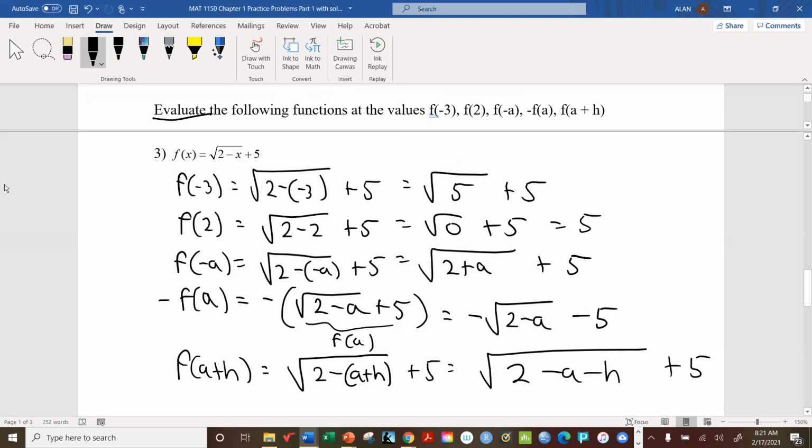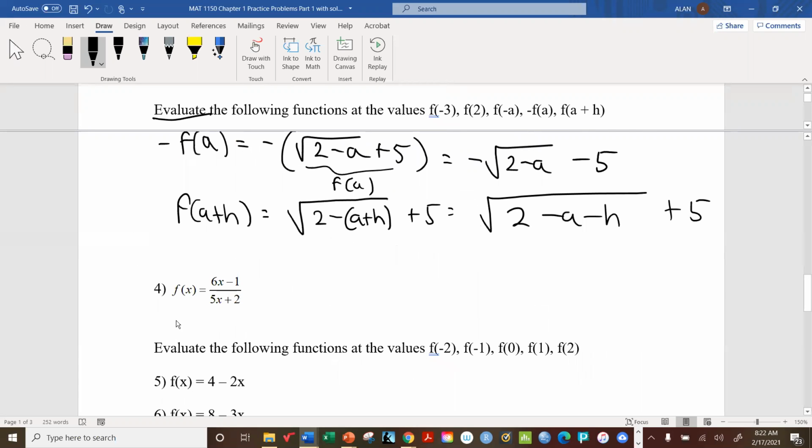Okay, so they're all together now. Okay. Now how about 4? Oh, there's just this one.